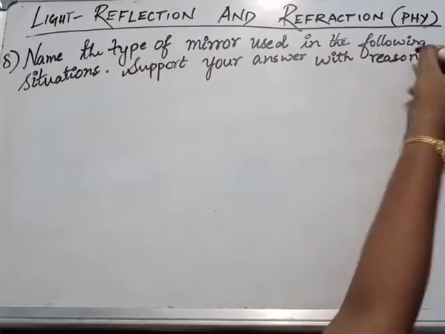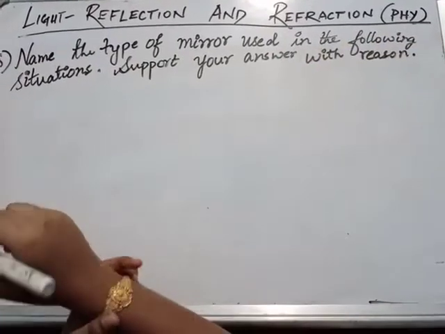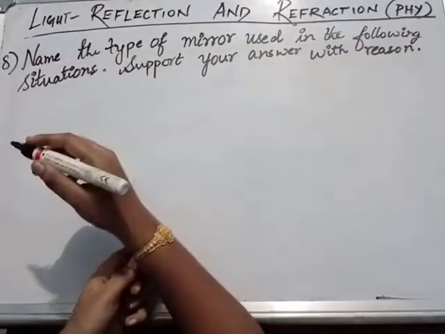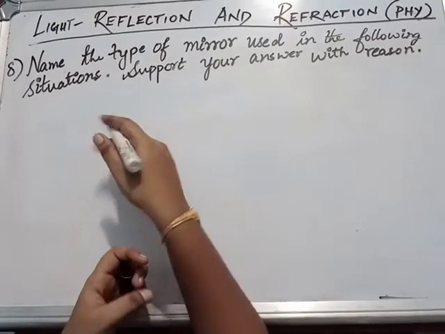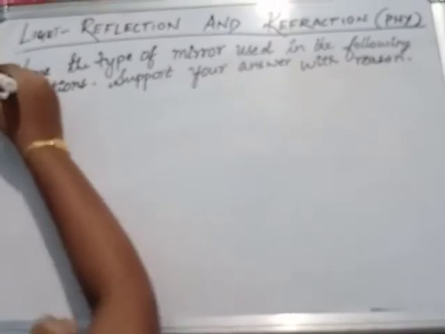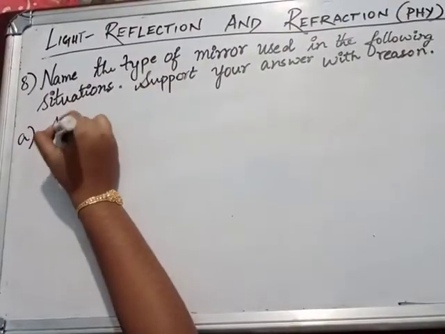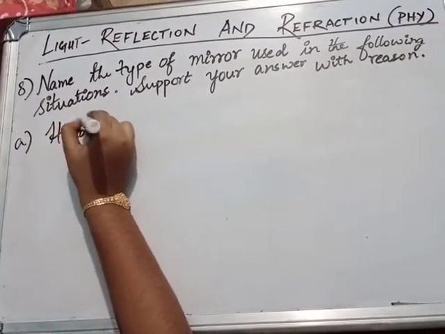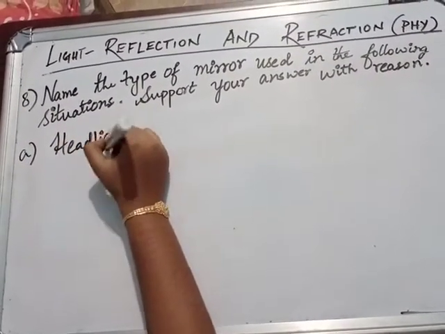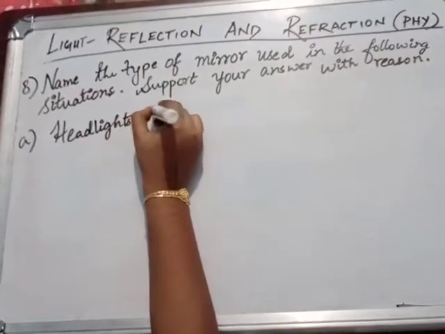You should give the name of the mirror, plus you should support your answer why we use this particular mirror for this usage, alright. So the first one is number A, headlights of a car.